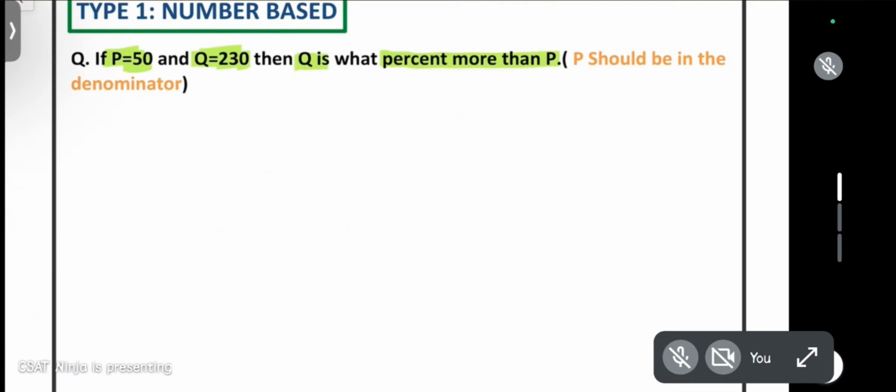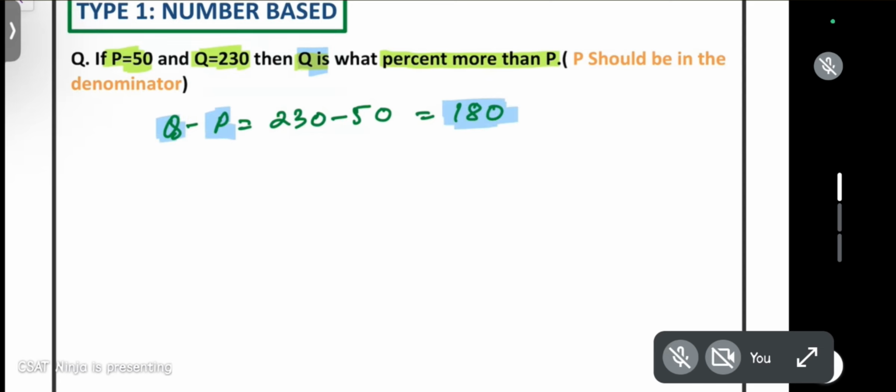Let's first find how much in numbers, not in percentage. I'll just subtract Q minus P. It is 230 minus 50, which means I'll get 180 here. So Q is more than P by 180.